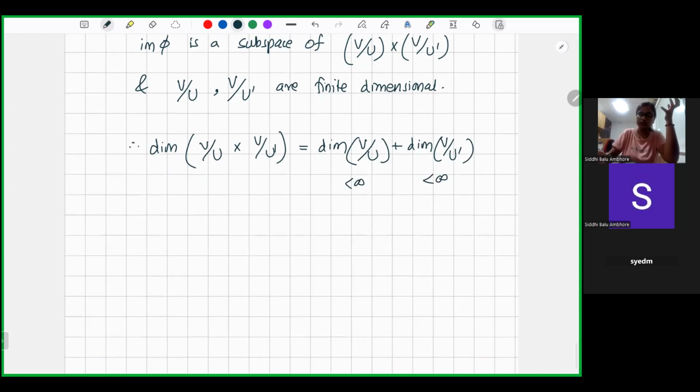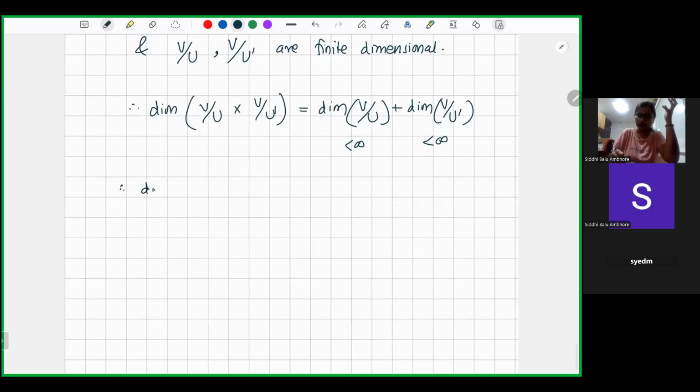It's some finite number. So the dimension of this space is the addition of the dimensions of each of them.